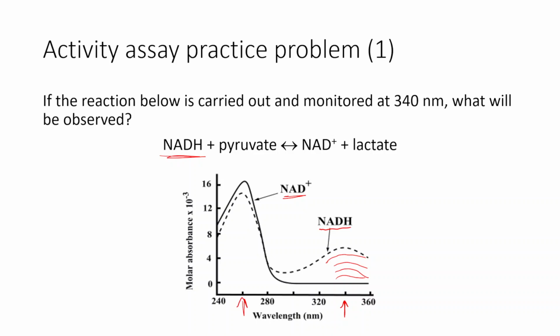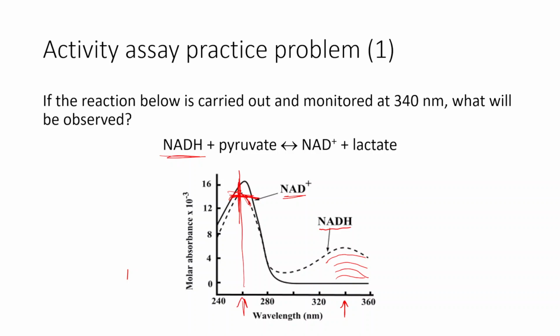Right, yeah, so both our product and our reactant absorb very strongly at 260 over here. So if we're consuming NADH, our absorbance wouldn't go down here because when we're using up NADH, we're making NAD. So we would still see a really strong absorbance at 260. We would not be able to measure the consumption or the production of either one because they both give you absorbance at that wavelength.